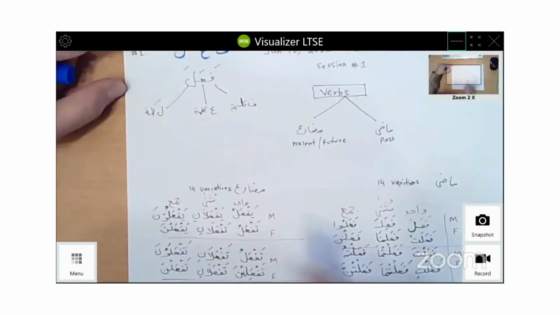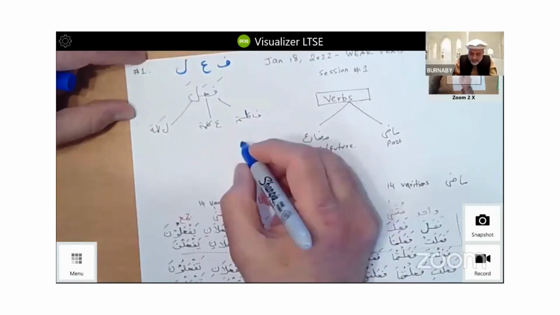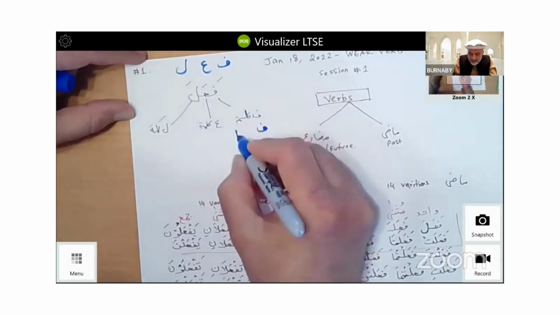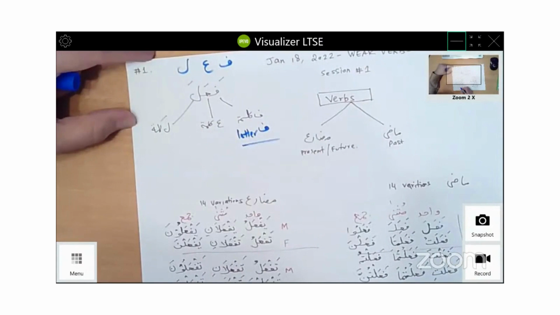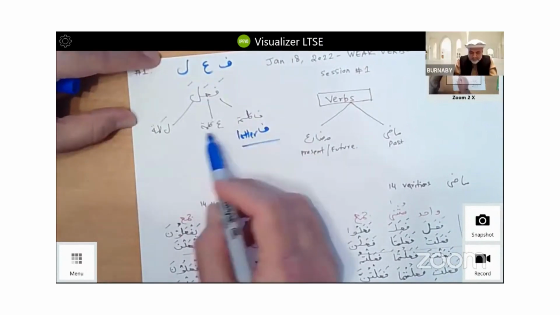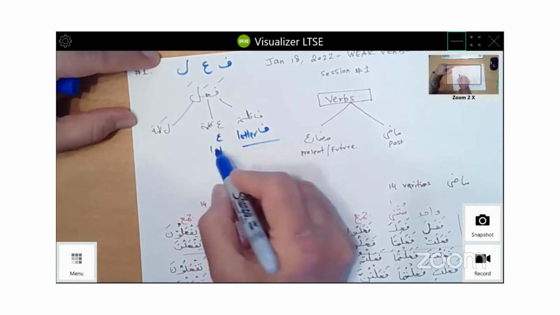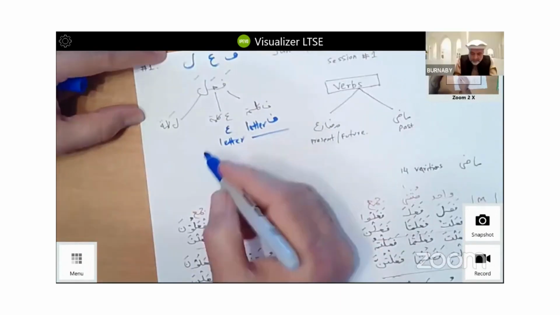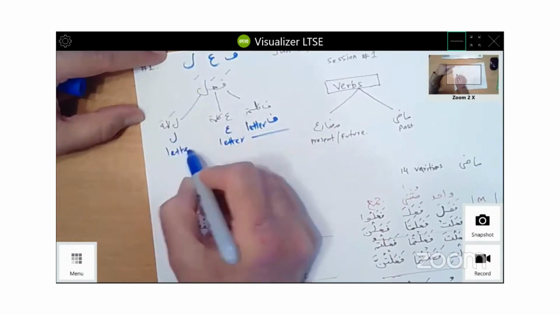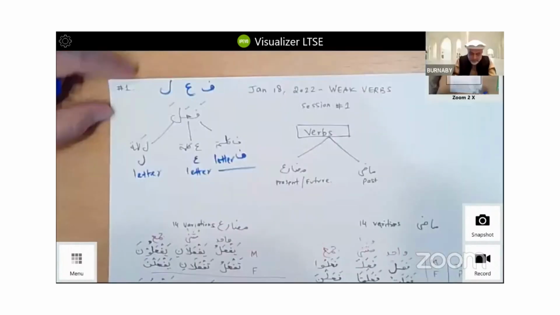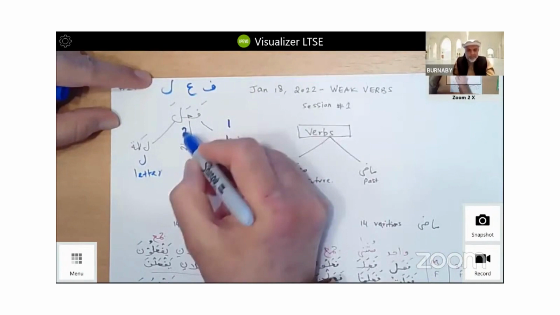The letter Fa is known as the Fa kalima, or in English, the Fa letter. The ain is called the ain kalima, and we call it the ain letter. And the lam is the lam kalima, and we call it the lam letter. So this is the position: position number 1, position number 2, position number 3. So far with me?